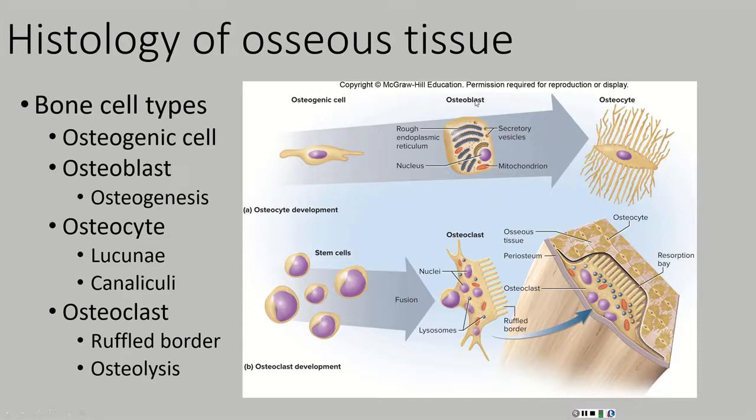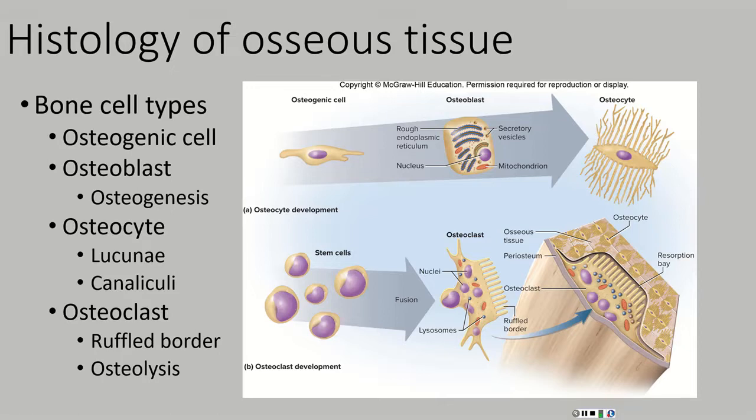We've seen blast a few times now. Remember, blast means to make or to give rise to or to birth. So an osteoblast is a cell that makes bone. And that process is called osteogenesis. And we're going to see a little bit later that while we can say they are making bone, they are not making bone from scratch.